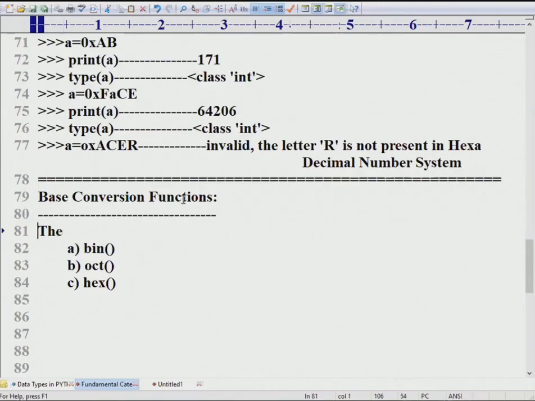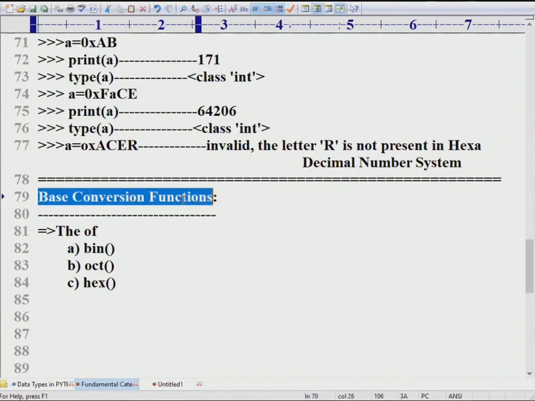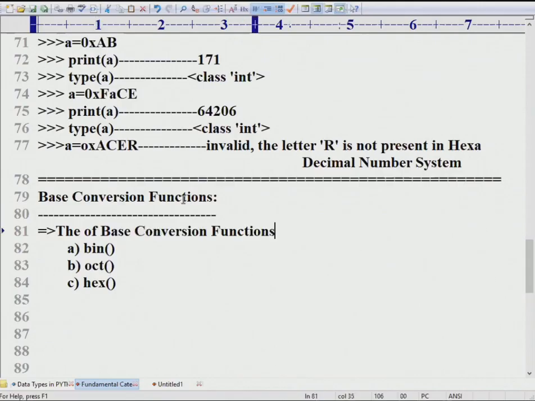So I'm writing the statement. Always you must understand the purpose. The purpose of base conversion functions is converting what? What value?